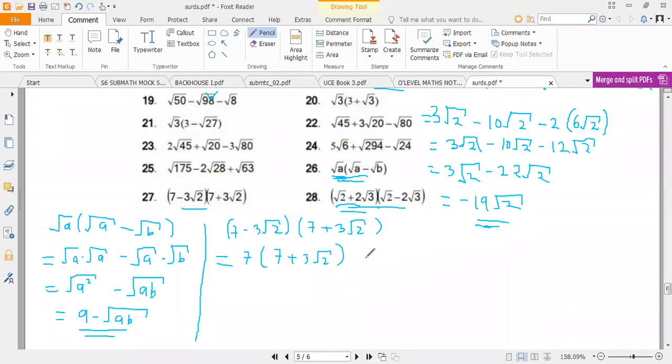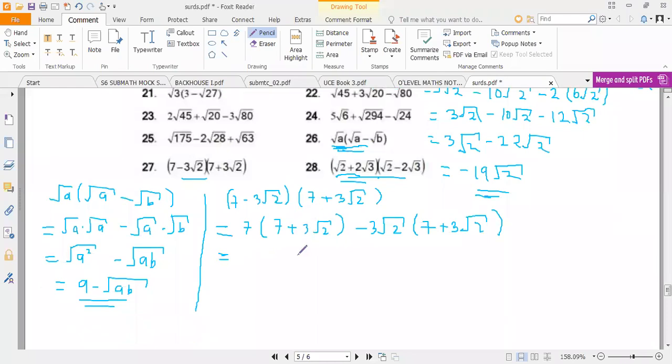Then we take the negative 3 root 2, and we multiply it into 7 plus 3 root 2.